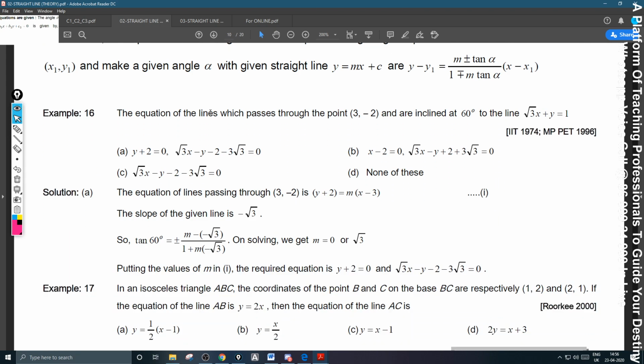The equation of the lines which pass through the point 3, minus 2 and are inclined at 60 degrees to the line root 3 x plus y is equal to 1. Let me write the data first. The point given through which the line passes is 3, minus 2.